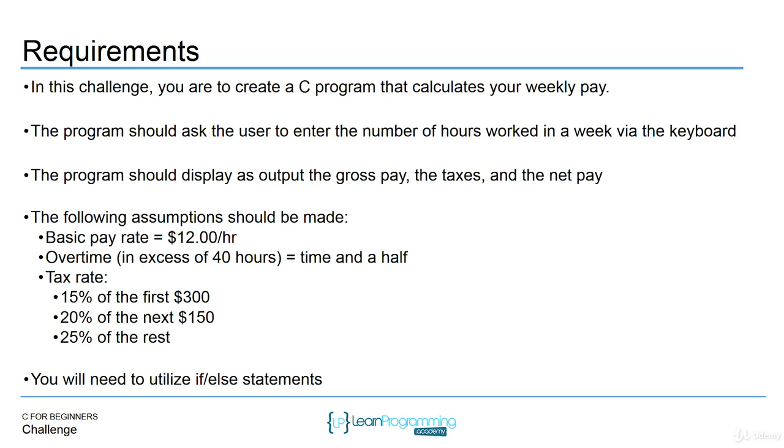The tax rates are different for each amount you make, not for the total. So if you made $800, that doesn't mean you pay 25% in taxes. It means you paid $300 of that $800 at 15%, $150 of that $800 at 20%, and then $350 of the remaining at 25%. And that will force you to write if-else statements.